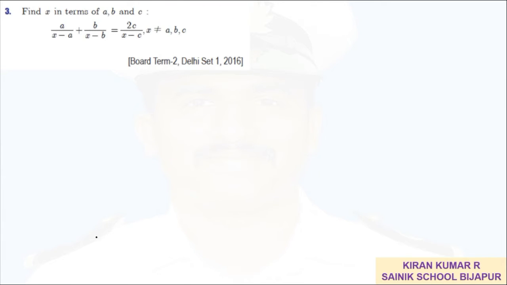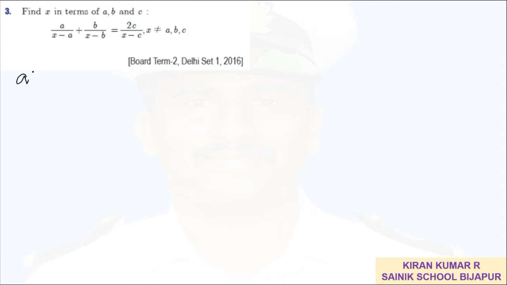Question 3. Find x in terms of a, b and c. Here again, in the denominator we have got the variables as we have done earlier. Let us take the LCM. After taking the LCM, we need to do cross multiplication. So the LCM here is the product of x minus a and x minus b.